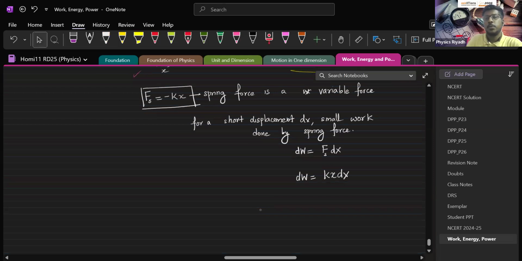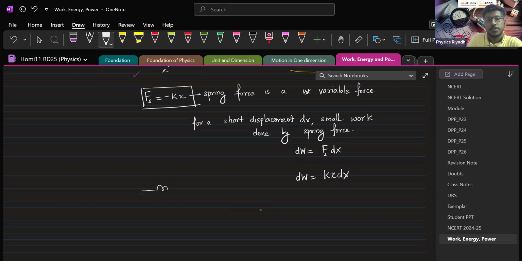If you calculate the total work done, suppose this is the spring, and this is the mean position, x is equal to 0. Let's say the block is right now at the initial position xi. Suppose I'm shifting it to a new position, xf, by applying a force on it in this direction. What is the work done during this?